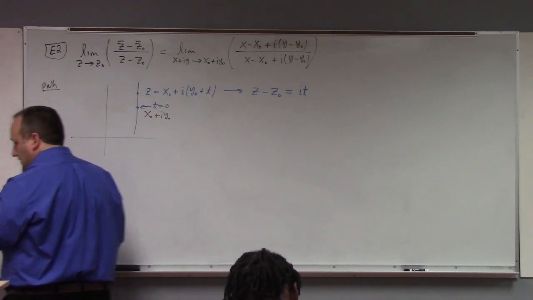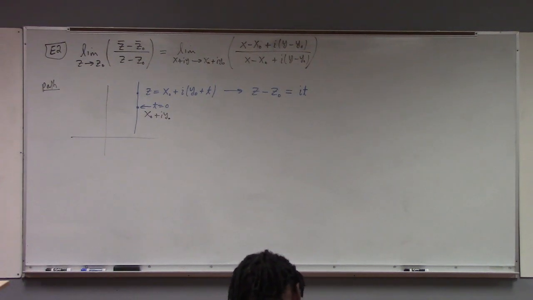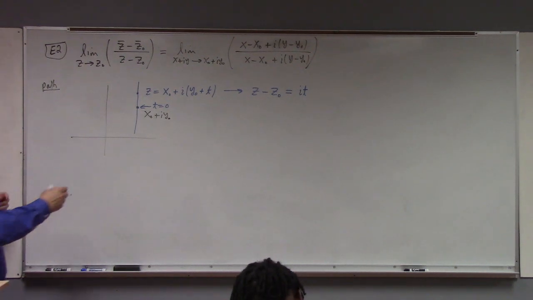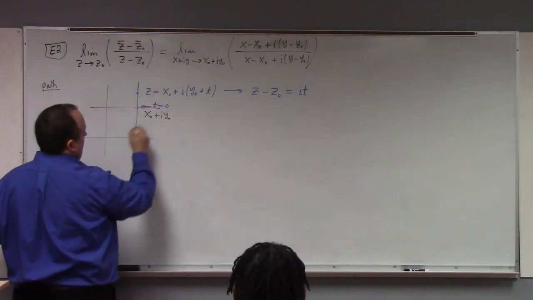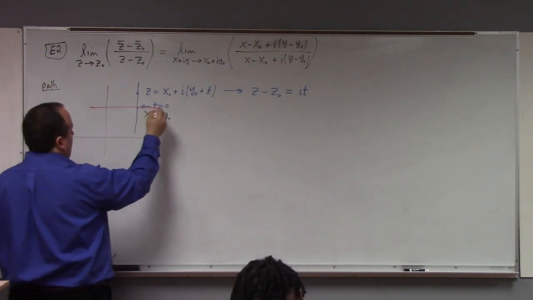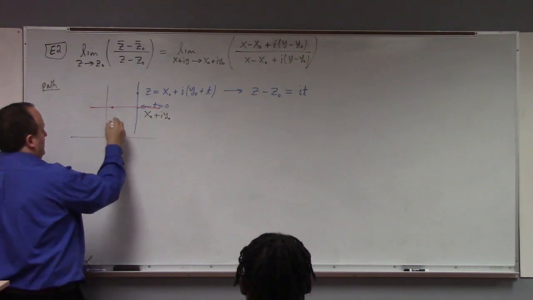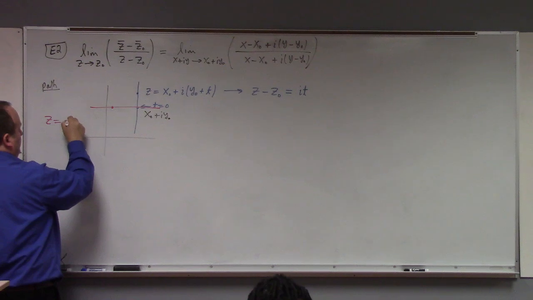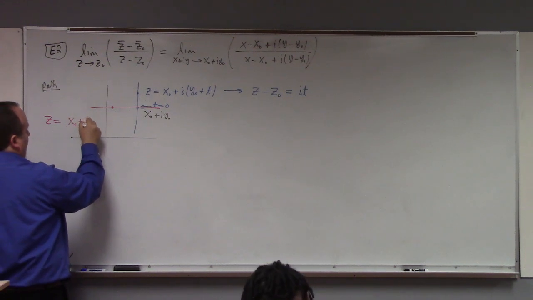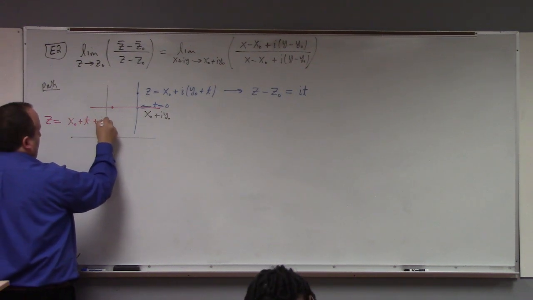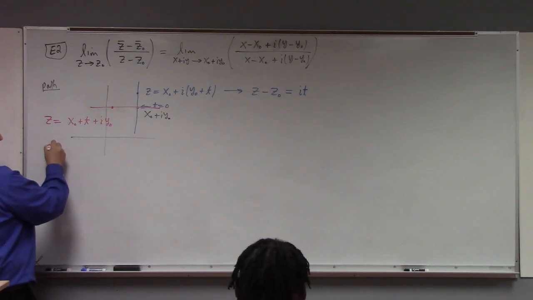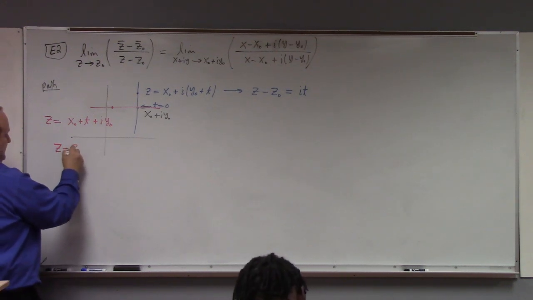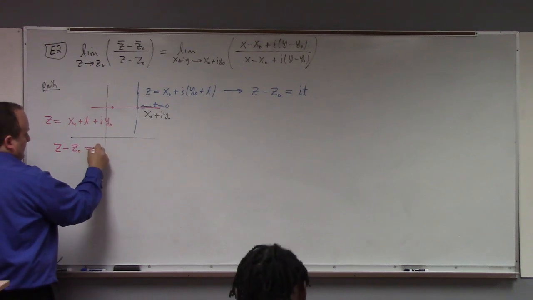On the flip side of things, for the horizontal path, a typical point here would be z equals x naught plus t plus iy naught, right? And so for the horizontal path, I'd have z minus z naught equals t.